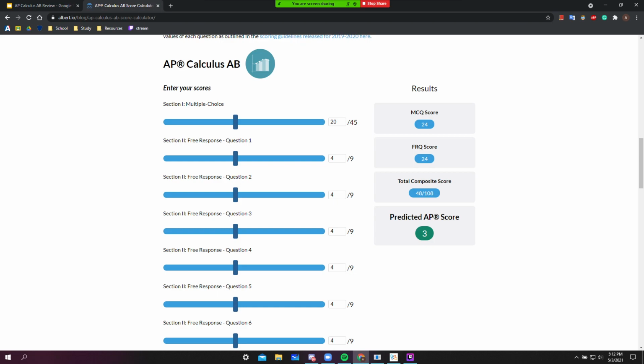The MCQ should be easy though. If you get a 20 out of 45, I don't know if you'll be able to get an 8 out of 9 on all the FRQs. When I was doing practices, my highest multiple choice was like 37 or something. That's good. But I didn't score my FRQs. I was too scared to look at them.